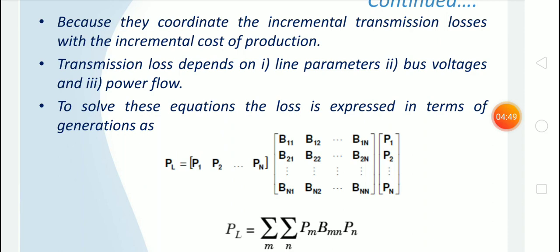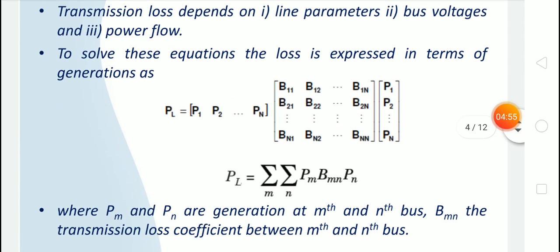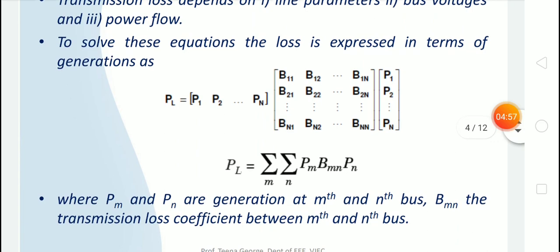But we can find the transmission loss by using the generations in terms of transmission loss coefficients. Here PL equal to P1, P2, etcetera Pn, B11, etcetera Bnn, P1, P2, Pn, where P1 to Pn are the generation at each bus.